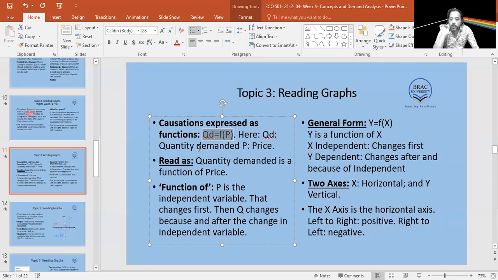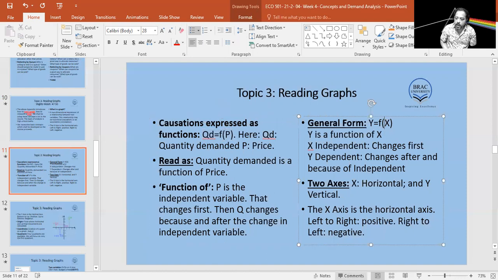So when we look at a causation in a functional relationship, we are actually combining a dependent variable with an independent variable. Independent variables by convention are always expressed on the right side of the equation, like over here, P is the independent variable.